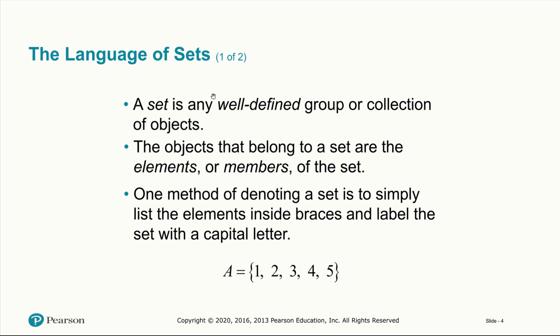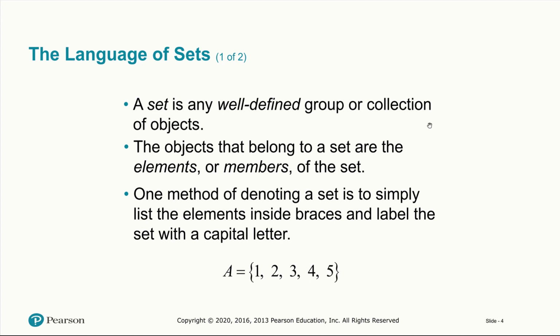So why is the well-defined aspect so important? There has to be a way for you to determine whether an element belongs to a set or not. For example, if I say the set of cool people in your class, that would not be a well-defined group because we don't have a fixed definition for what it means to be cool, so that would not constitute a mathematical set.